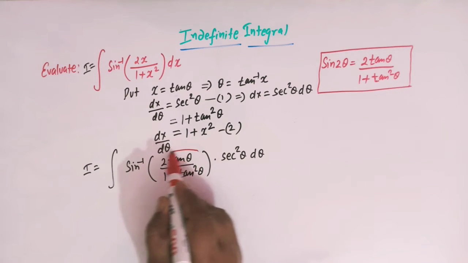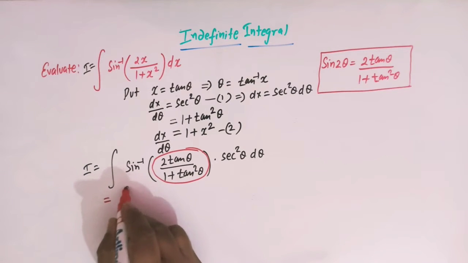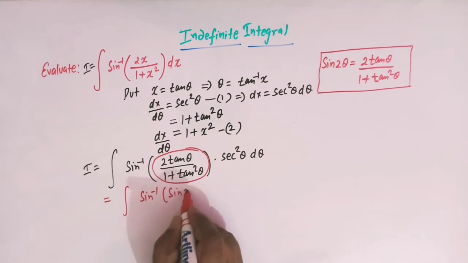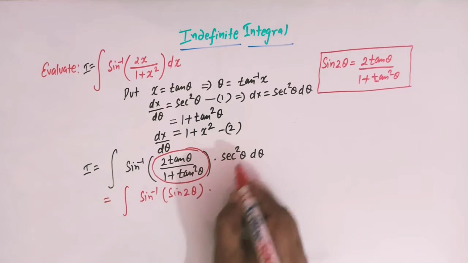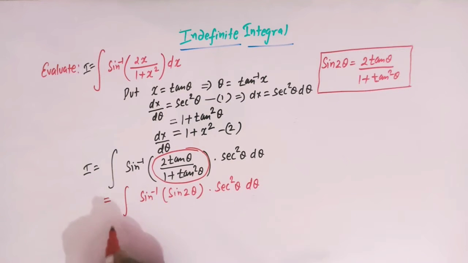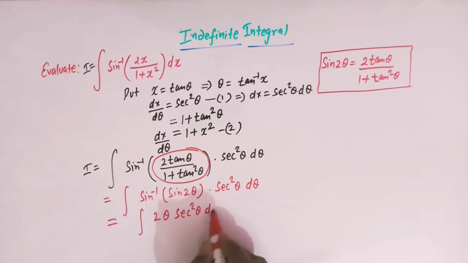So here we can write sine of 2 theta. So we have sine inverse of sine of 2 theta, and here we have secant square theta d theta, and sine inverse and sine get cancelled if we take the principal value. So we have now 2 theta sec square theta d theta.